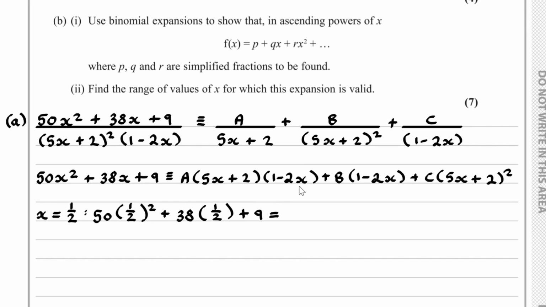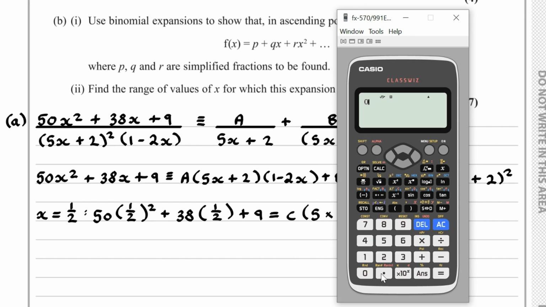This bracket disappears, so the a terms disappear, the b terms disappear. We are left with, on the right hand side, c lots of 5 times 1/2 plus 2 all squared. If we substitute in a half on the left hand side, we get 50 lots of this squared plus 38 lots of this plus 9. We get 81 over 2 on the left hand side.